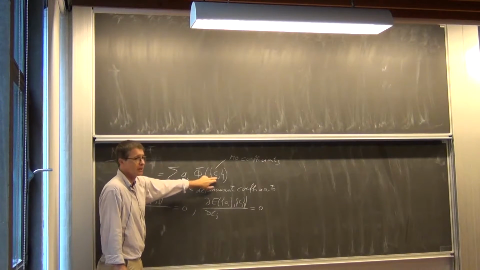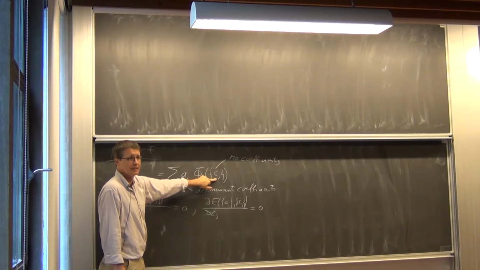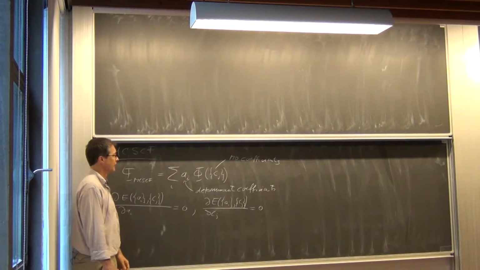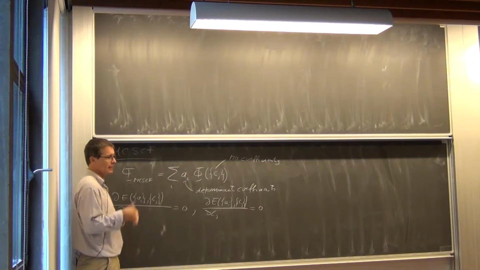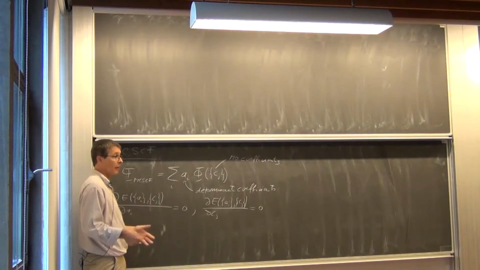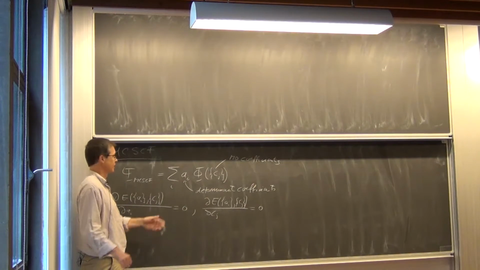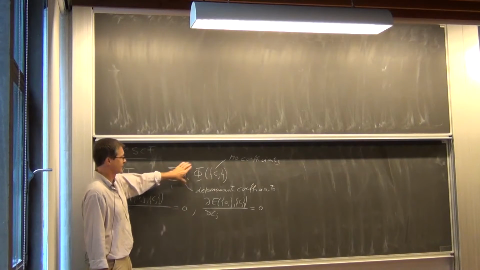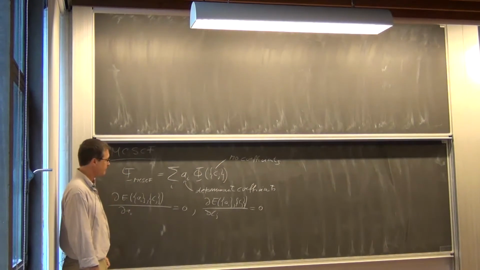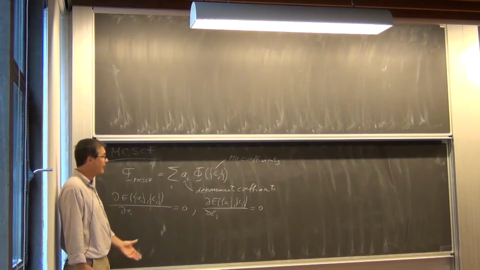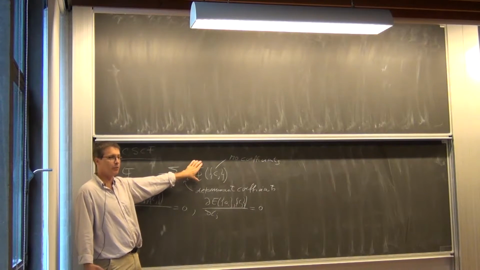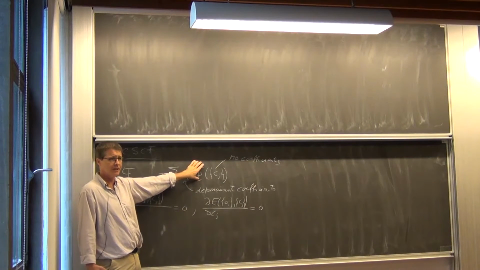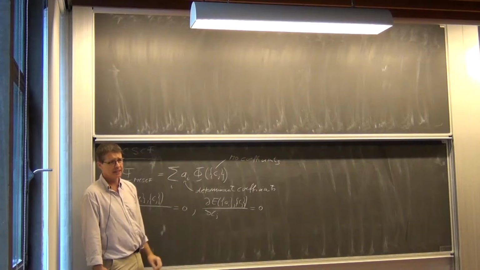But the dependence on the MO coefficients is not linear in the same way. So that's more complicated. The equations you end up with are numerically more difficult to converge than either this or that separately. And all that together means that you're not going to have as many determinants or configurations included here as you would have in a CI calculation.